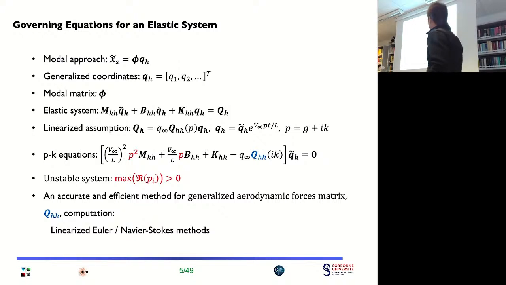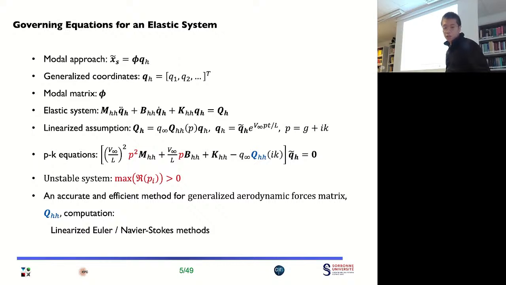So in a real elastic system, the situation is more complicated. The deformation of an elastic system can be expressed as the combination of its natural modes, where q_h is the generalized coordinates.